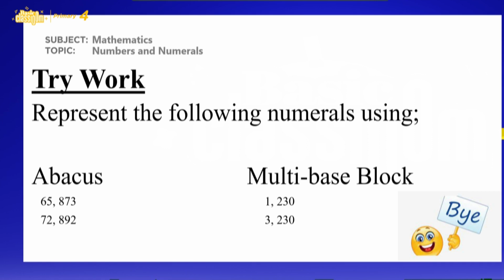Our first number using the abacus is 65,873. Then our next number is 72,892. And then when we come to the multi-base block, we are going to use these numbers to represent it.